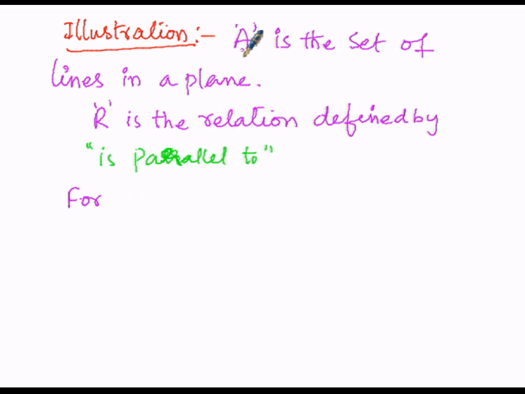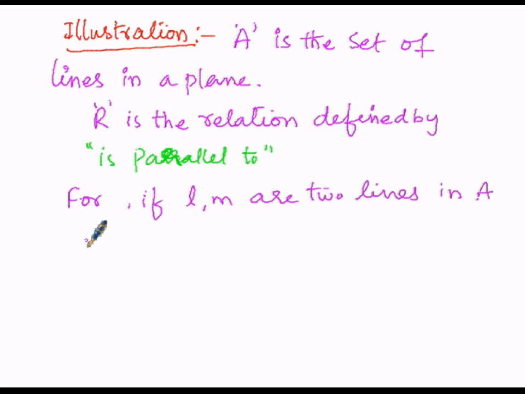Set A consists of lines in the plane, so we are considering two lines. If L, M are two lines, we are assuming one is L and the other is M in set A.